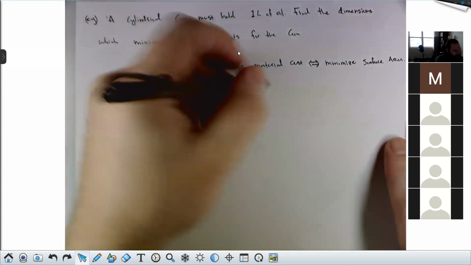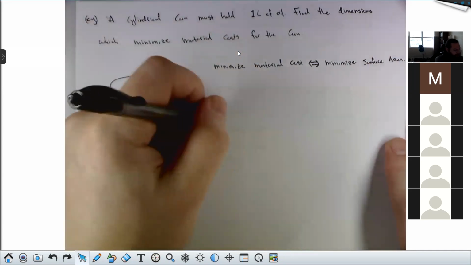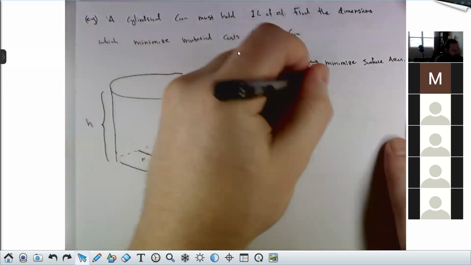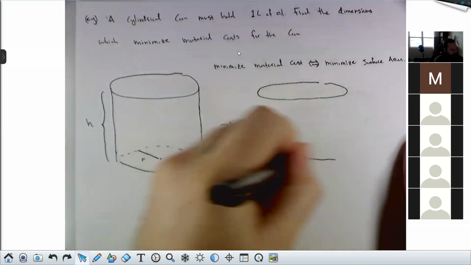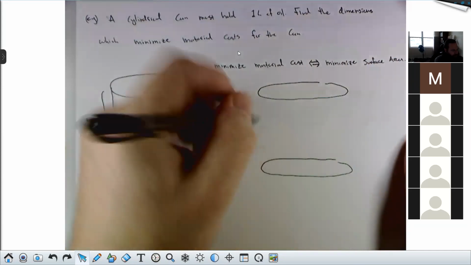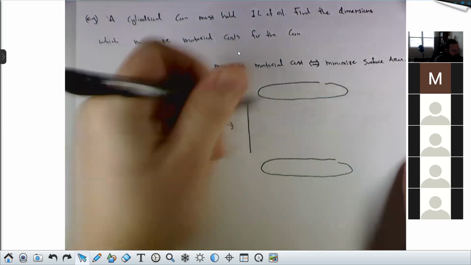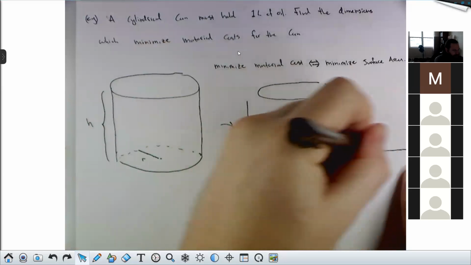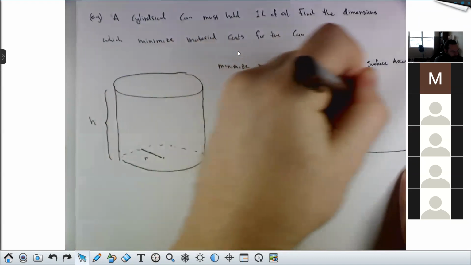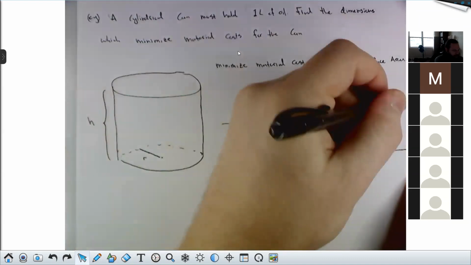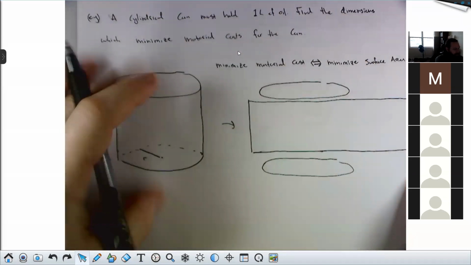I know that the surface area, the easiest way to think about this is to pop the top and the bottom of the can off. And you realize it's made up of 2 circles and also a rectangle. All right, so you pop these off.